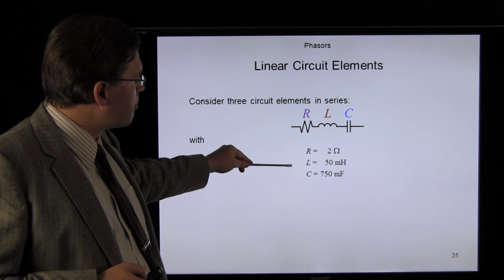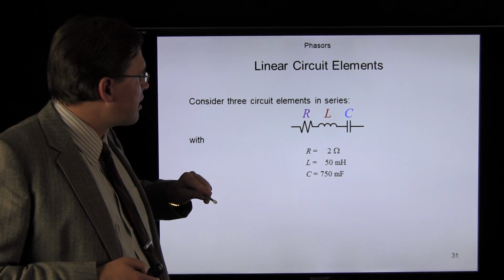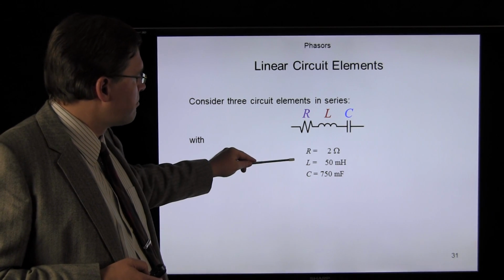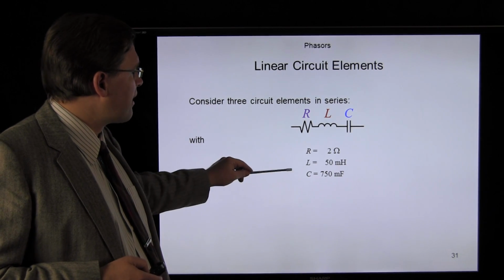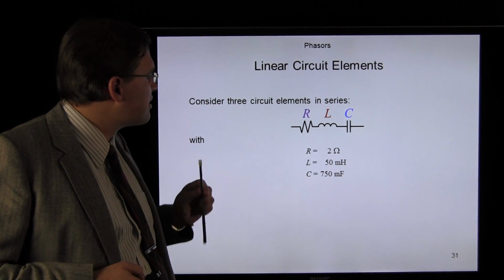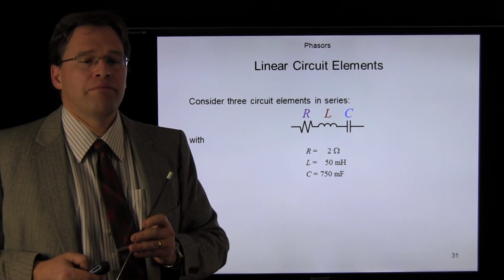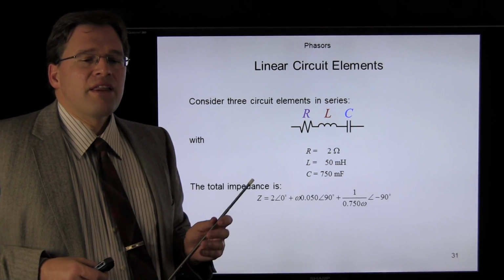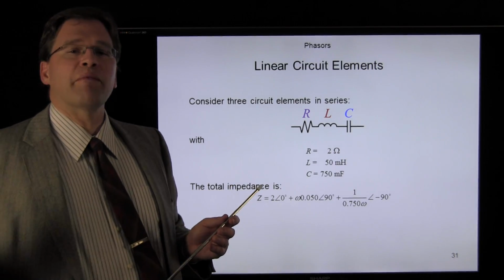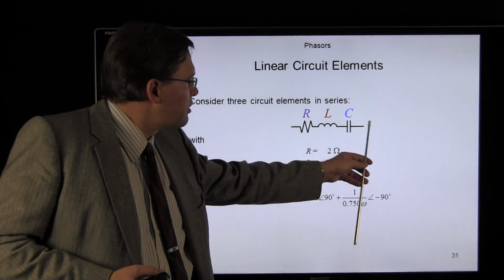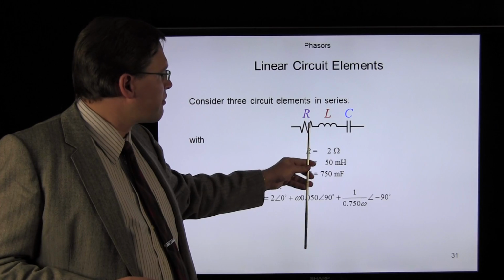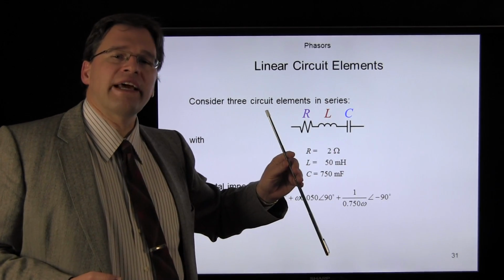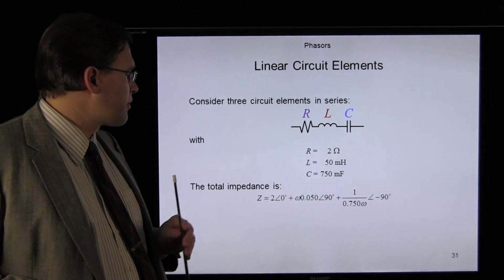Now let's say we have these three circuit elements in series: a resistor of 2 ohms, an inductor with 50 millihenries, and a capacitor with 750 millifarads. The total impedance is the sum of the impedances, so it's the impedance of each of the circuit elements added together.